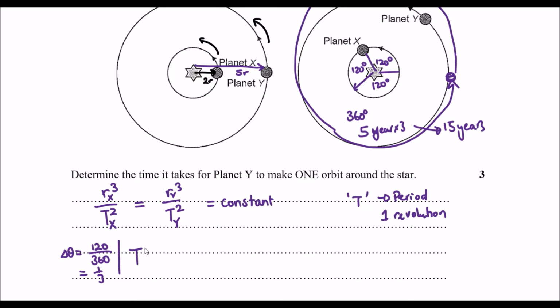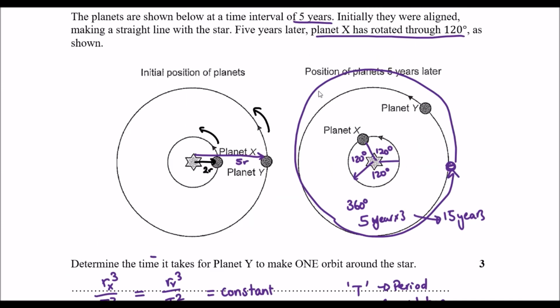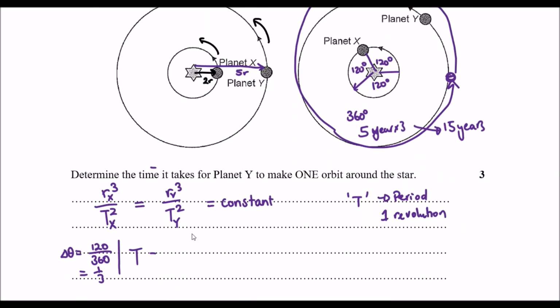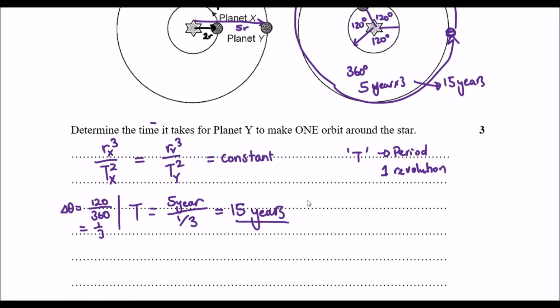So my total period would be the time of rotation, which is 5 years, over 1 divided by 3 rotations, and that would also give me 15 years. You could do it the way we showed here, or you can write it this way. This links back to circular motion. So it takes 15 years for one full rotation for planet X.